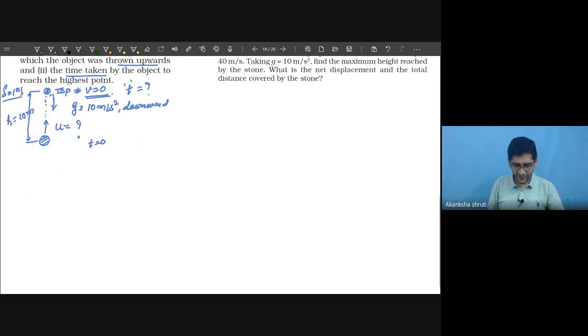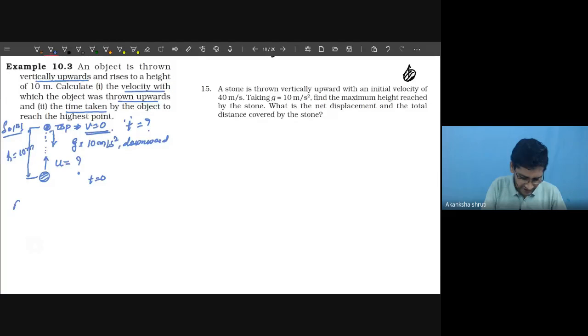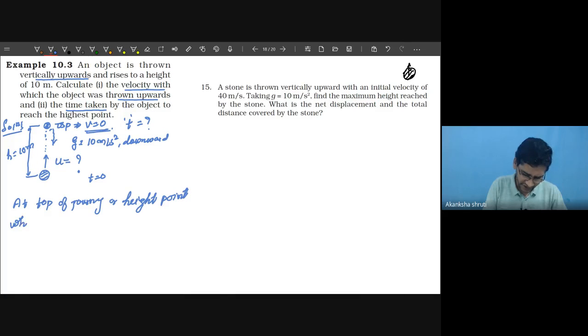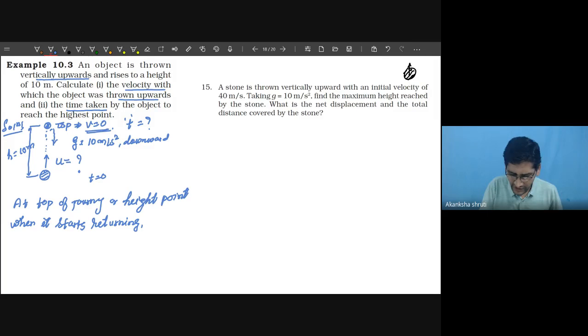Student, we have to write now: at the top of the journey, or highest point, when it starts returning, its final velocity v is equal to 0.